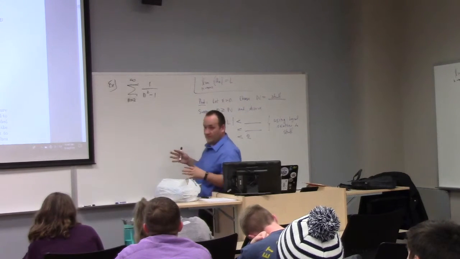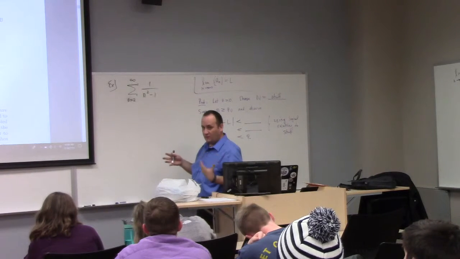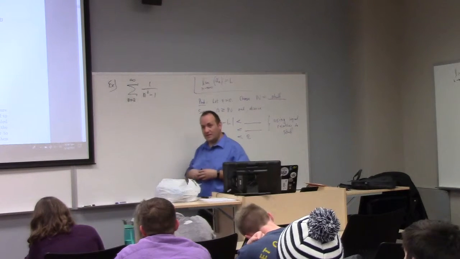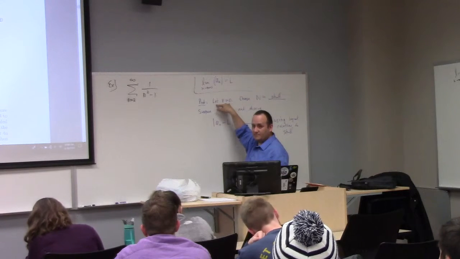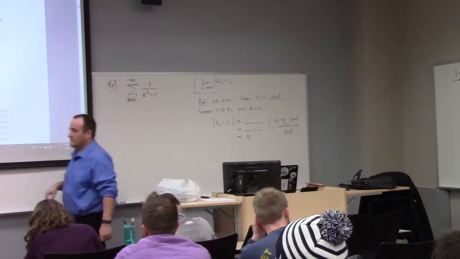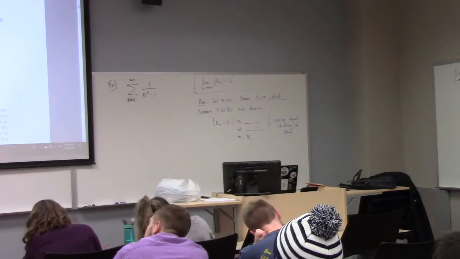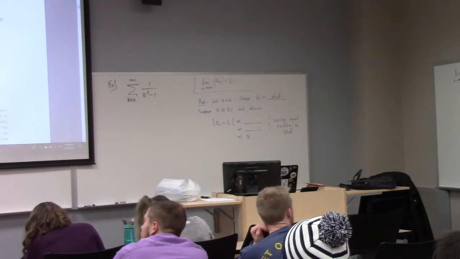So, two things I can tell you about these proofs that are kind of a no-brainer. Your proof, if it's correct, will begin with let epsilon be greater than 0 for this kind of problem, or let M be greater than 0 for this kind of problem. Past that, it's details.